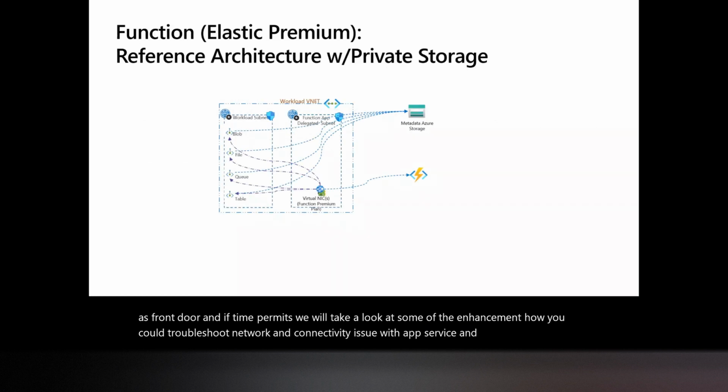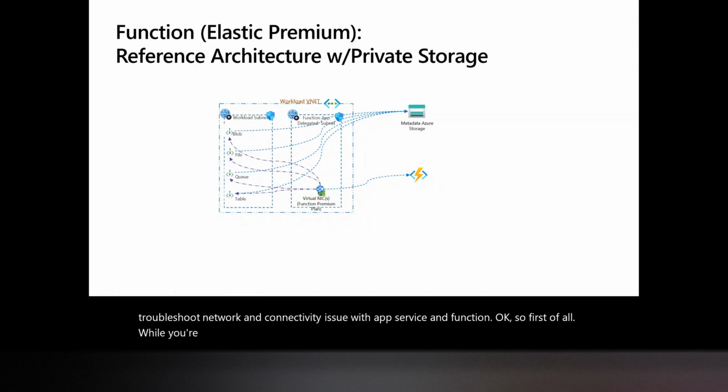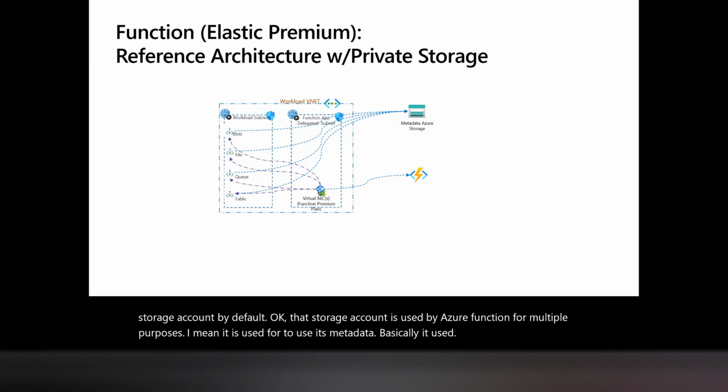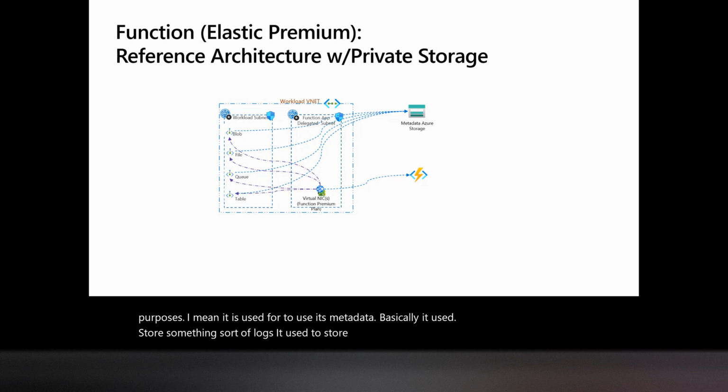Okay, so first of all, while you're looking at this diagram, you know that whenever you create an Azure Function, it creates a storage account by default. That storage account is used by Azure Function for multiple purposes. It is used to store its metadata, to store some logs, and to keep track of deployments and things like that.